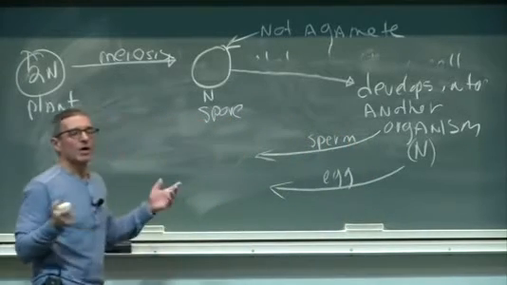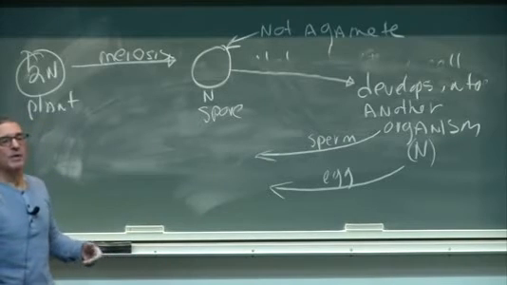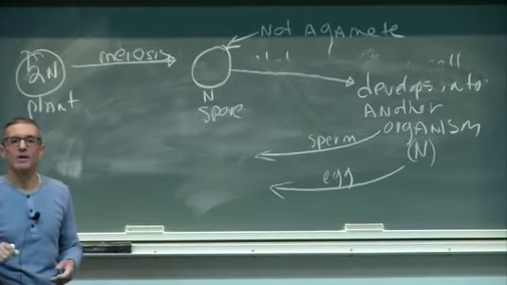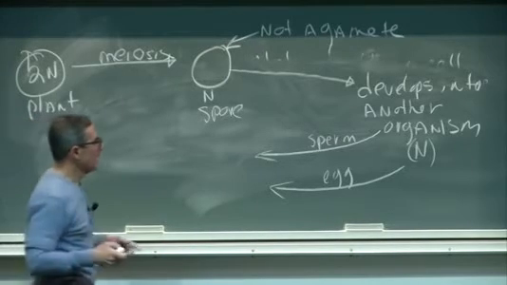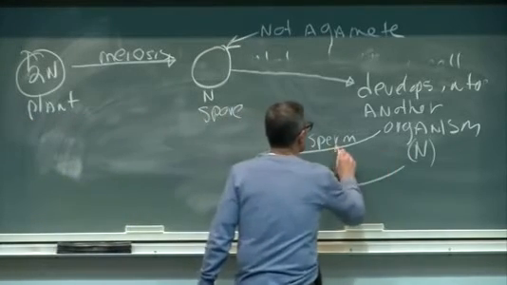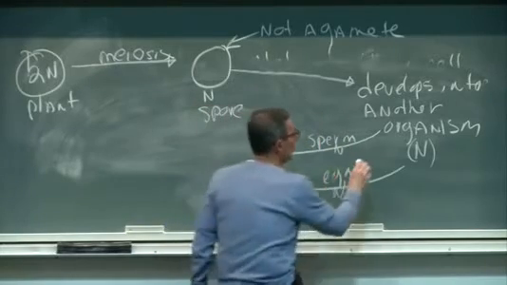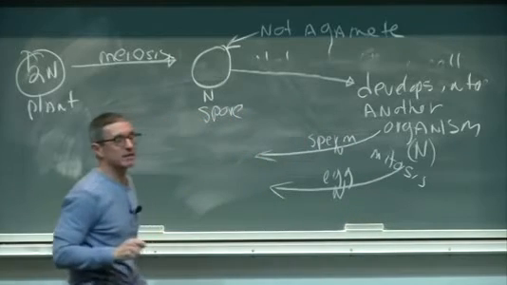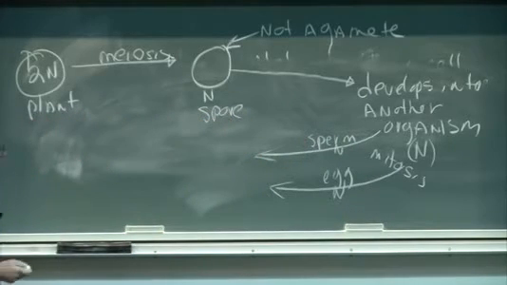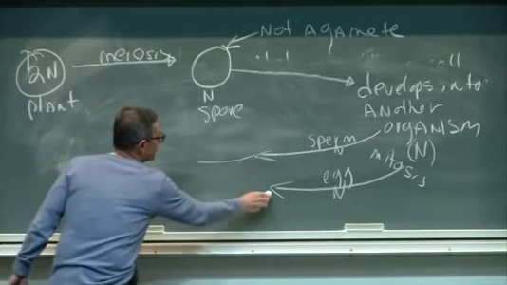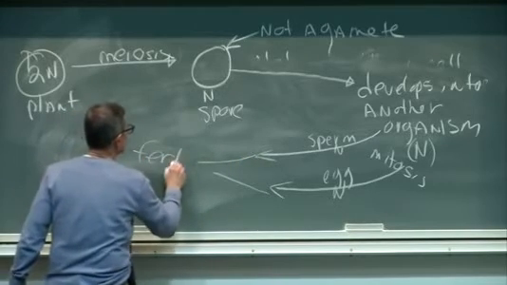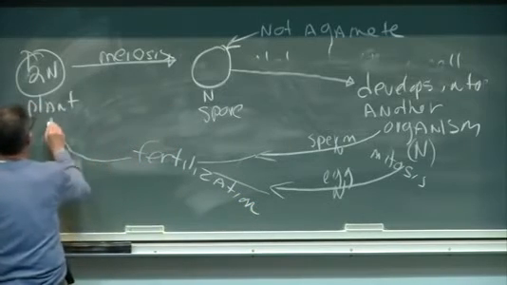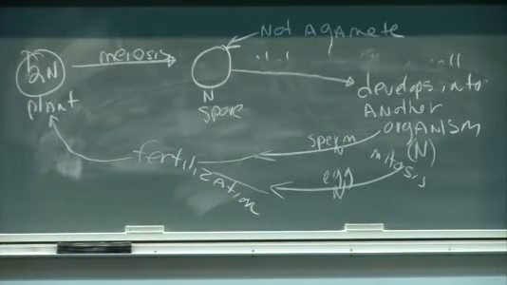We can have sperm being produced by one organism and egg by another organism, but for our discussion, let's just say they are produced both by the same new individual. This is N. The sperm and the egg are both N, so all we have to have occurring here is mitosis. No meiosis is necessary. In fact, we can't have meiosis. Then at this point, we have fertilization, which makes the new 2N individual.